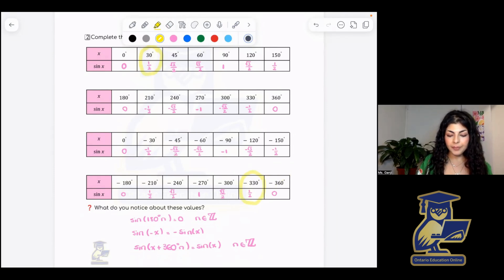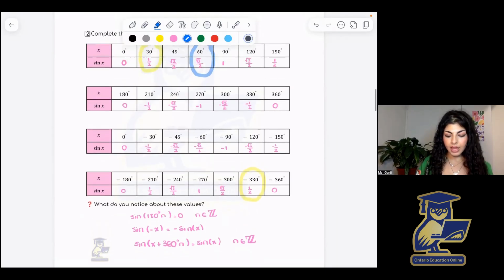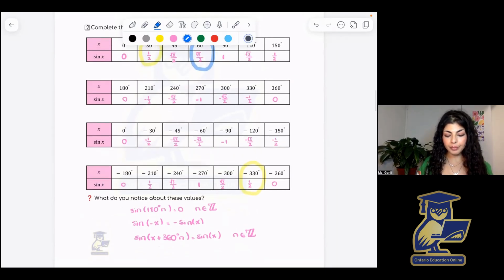Or similarly, here 60 degrees, then 60 minus 360 degrees, where n is equal to -1 here, then I will have negative 300. And we can also see that these two values are the same.